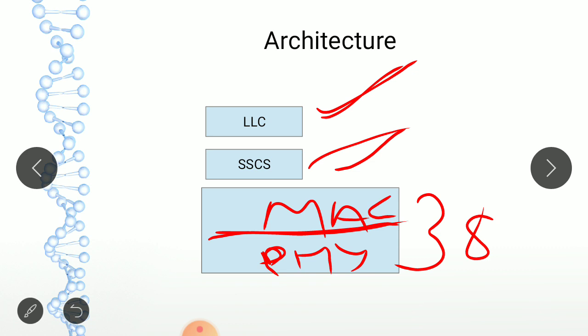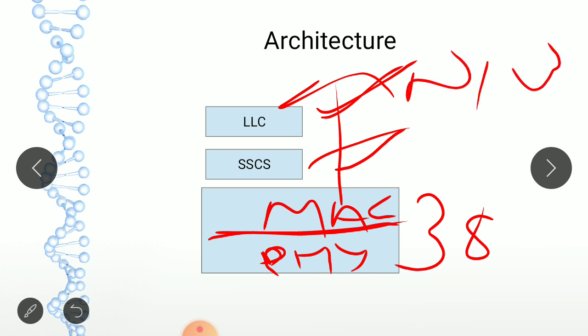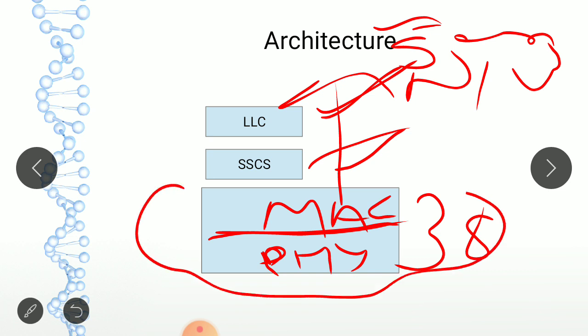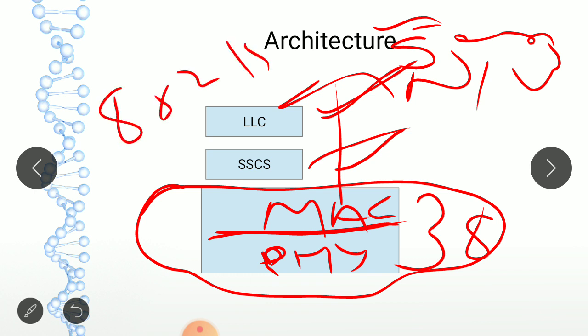These connect to the upper layers of the network model, like the network layer and application layer. Only two layers are specified by the 802.15.4 standard.